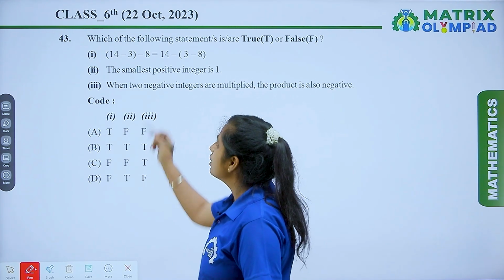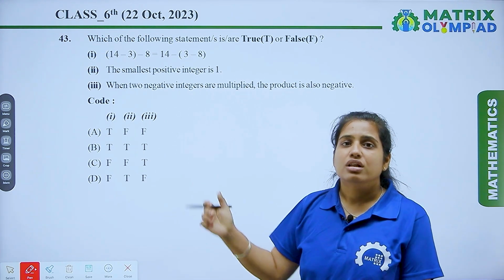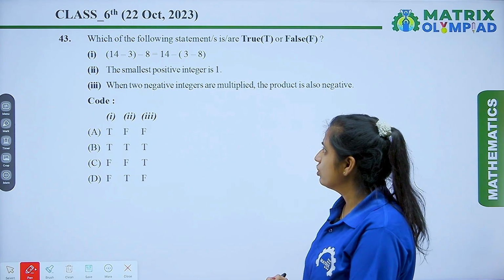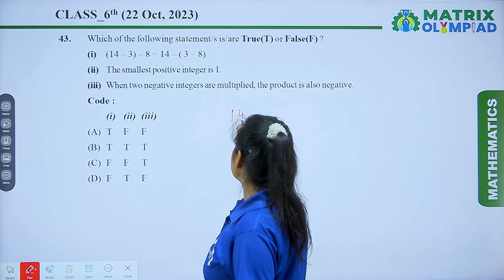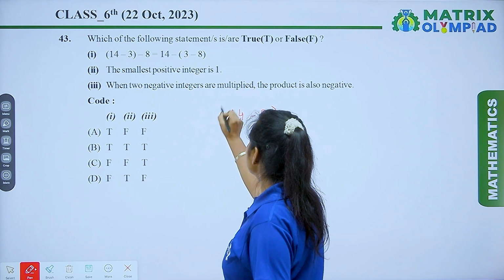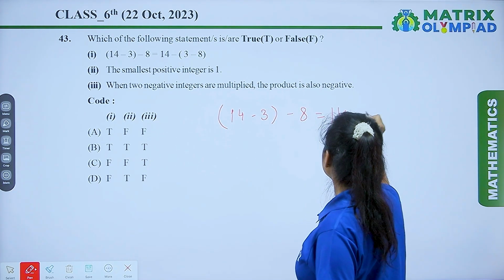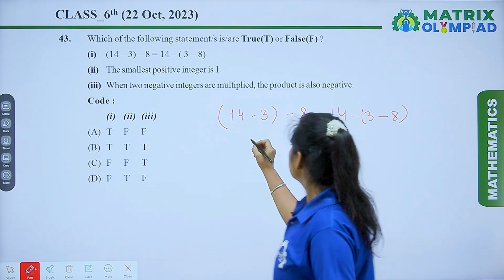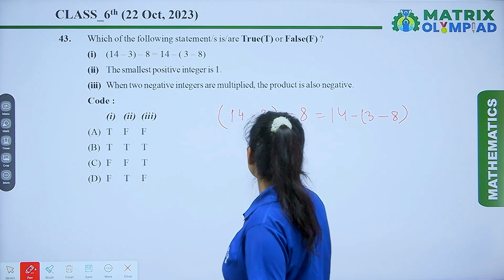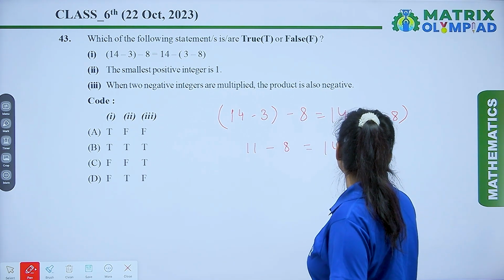So here, the associative property of subtraction does not obey the law. So to confirm it, let's do the solution of this and let's find out whether LHS is equal to RHS or not. So here 14 minus 3 is 11, minus 8 is equal to 3.